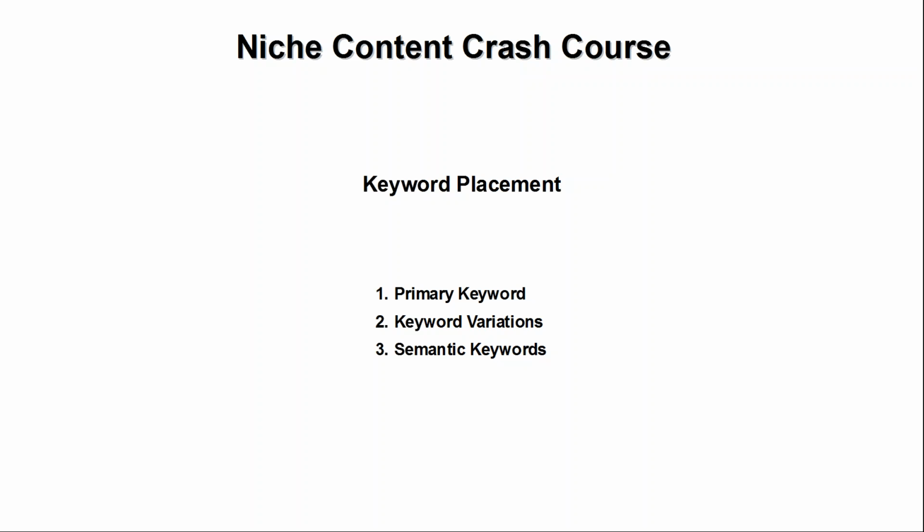This is what you're looking to do when it comes to keyword densities: to analyze your primary keyword, your keyword variations, and your semantic keywords to make sure you're using them enough, but then also to make sure you're not using anything too much.